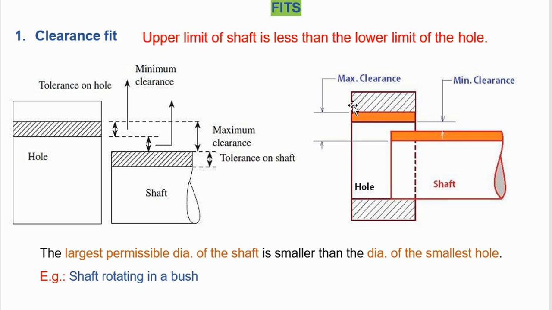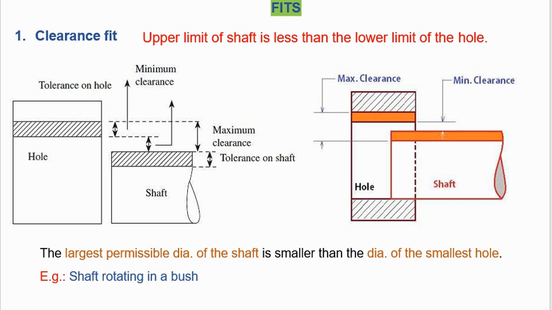This maximum clearance and minimum clearance you get when you give tolerances on the dimension. As we have discussed, tolerances are of two types, bilateral and unilateral tolerances.